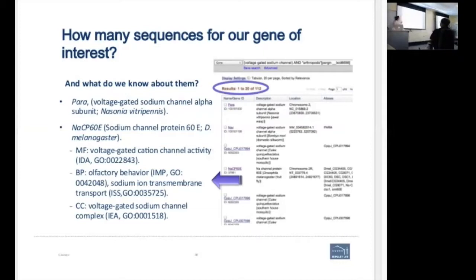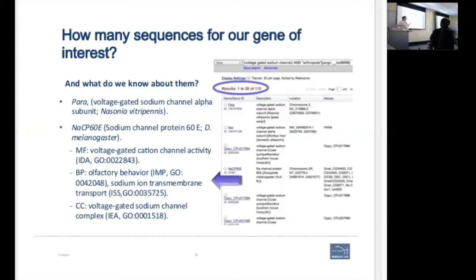In addition to information about that particular gene, there were some gene ontology terms. So I know that its molecular function is voltage-gated sodium channel activity, and that it is involved in the biological processes of sodium ion transmembrane transport and olfactory behavior, as well as where it is located. That's just some more information that I got about it.